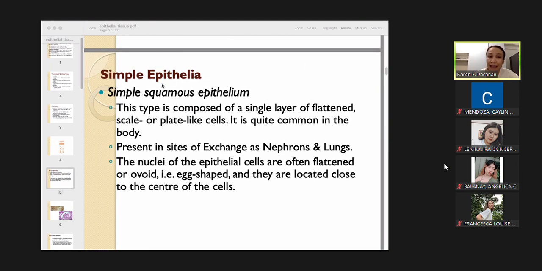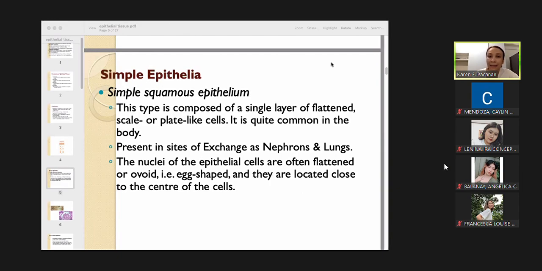So for this type, the nuclei are found in the thickest part of the cell. So if it is a flattened cell, then the nuclei would most likely be located at the center or near the center.